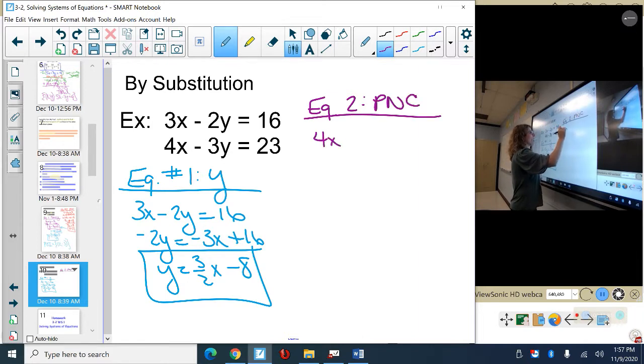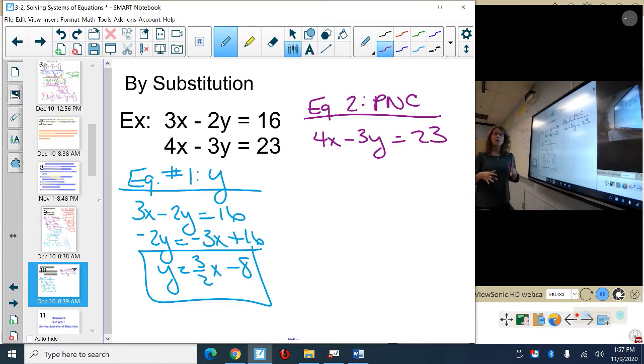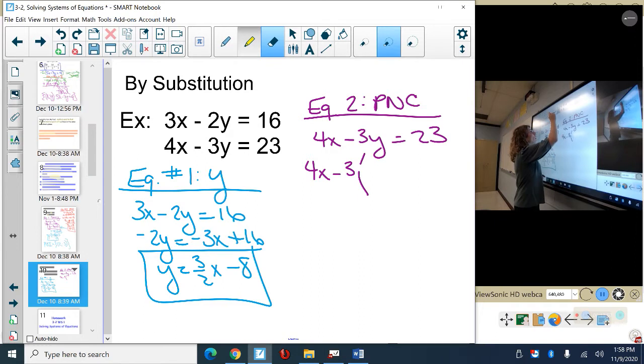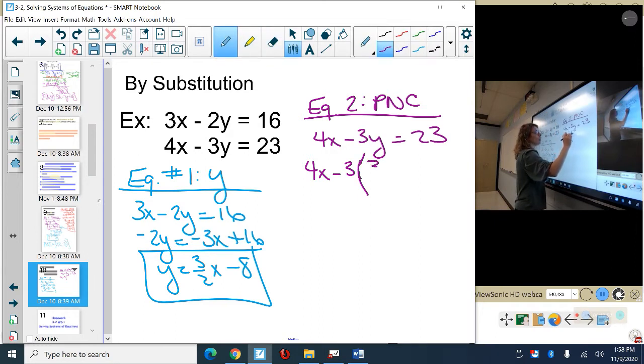Equation 2 is 4x minus 3y is equal to 23. I'm going to plug in, every place I see a y, the expression 3 over 2 x minus 8. Positive 3 over 2, minus 8 equals 23.